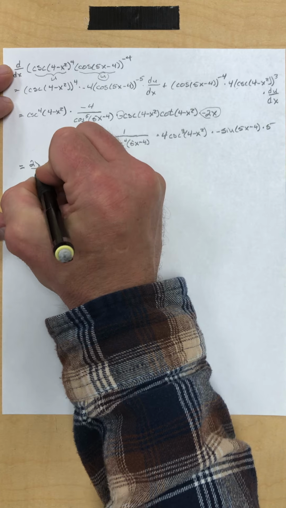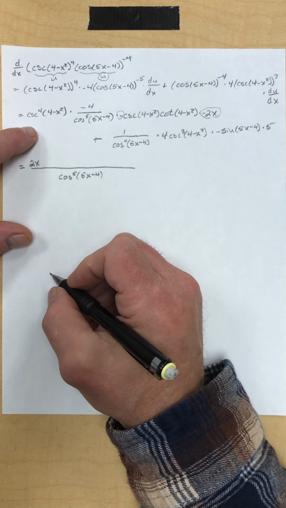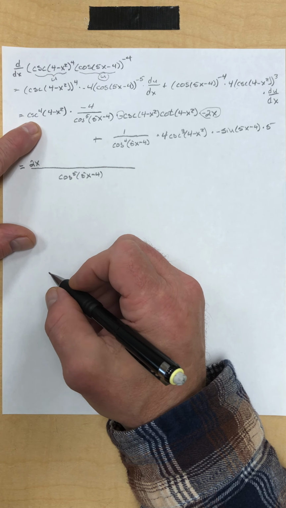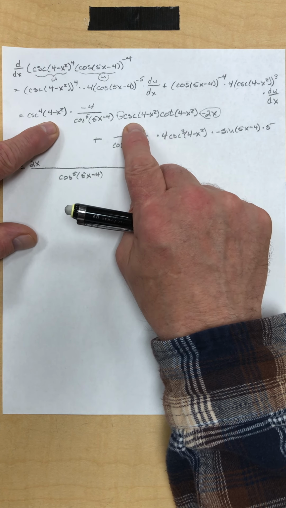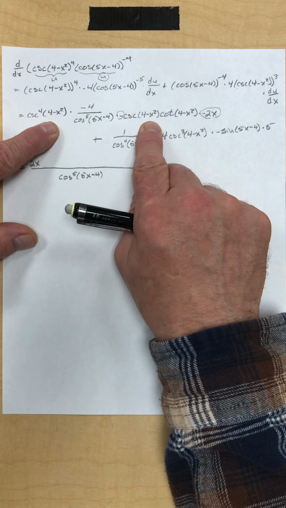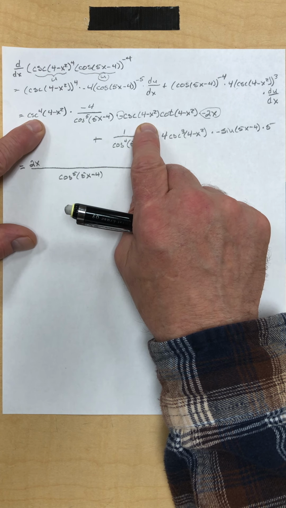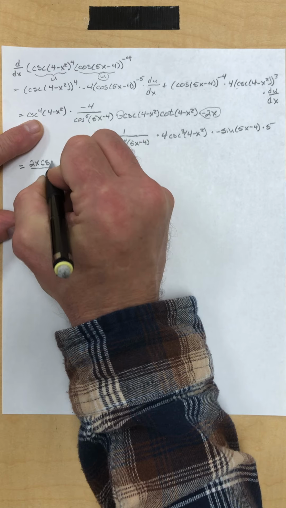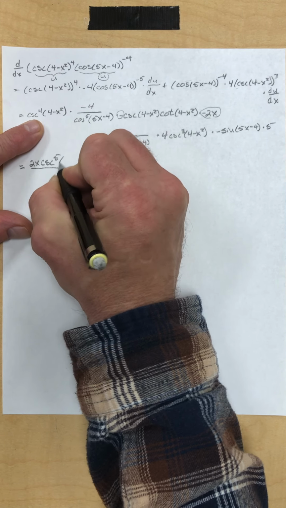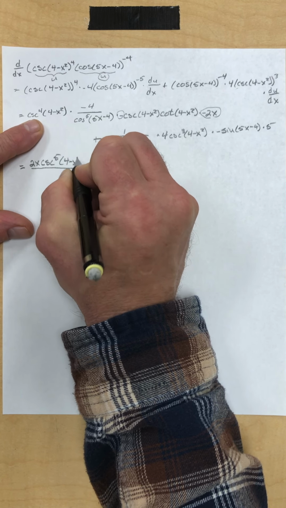I've got cosecant to the 4th of 4 minus x squared and cosecant of 4 minus x squared, so that would be cosecant to the 5th of 4 minus x squared.